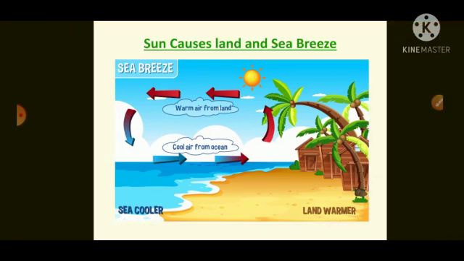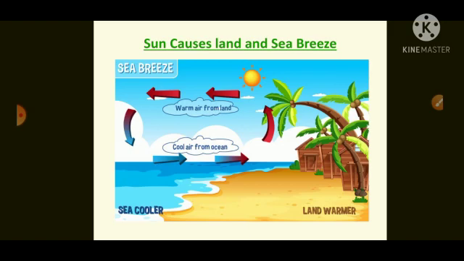Next point, sun causes land and sea breeze. First one, we will discuss about sea breeze. Sea breeze. During the daytime, when the sun shines, land gets heated up quicker than sea water. The air above the land also gets heated up and becomes hot.